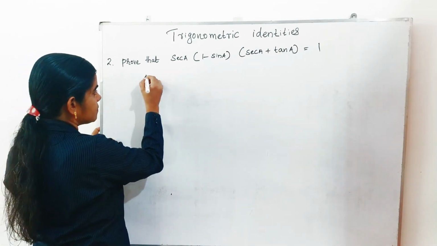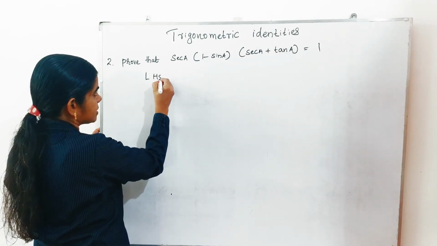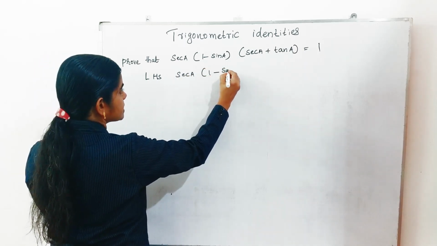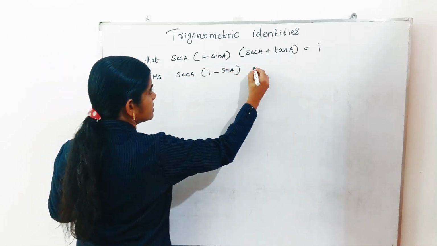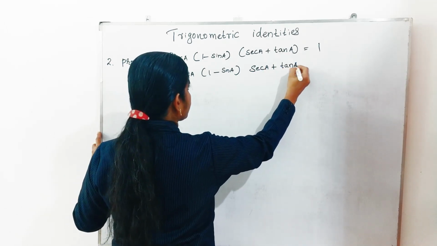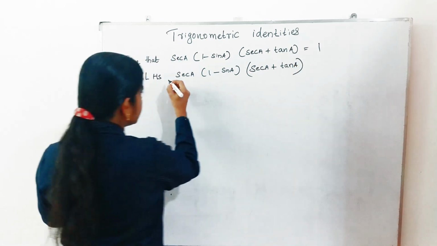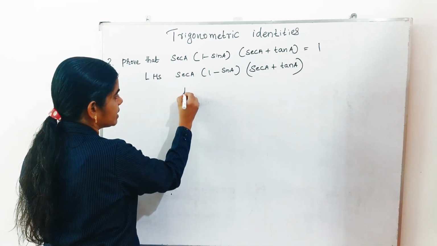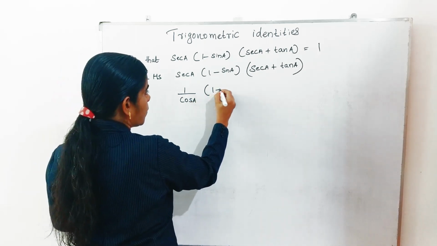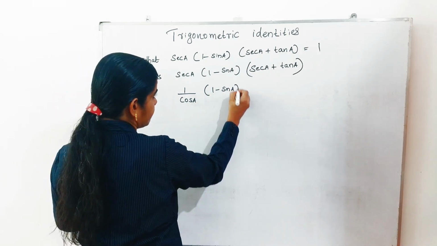First we can write down the LHS. That is equal to sec A into 1 minus sin A into sec A plus tan A. You already know that sec A means 1 by cos A into 1 minus sin A, we write the same way.